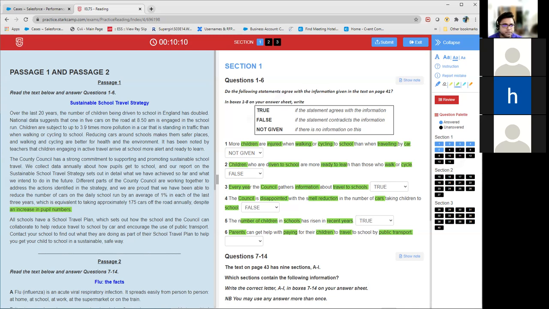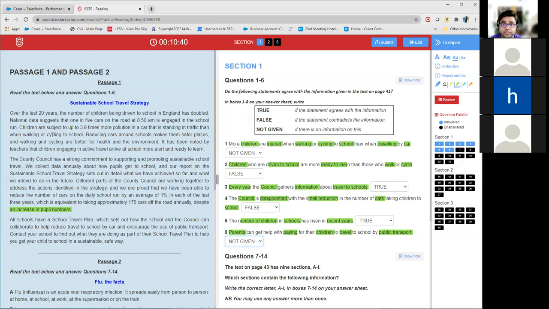Neha, are you able to find the answer? It's not given, because nothing is mentioned here about parents getting help with paying for their children. It is in fact the council collaborating with the school. Fantastic. So it's not given.